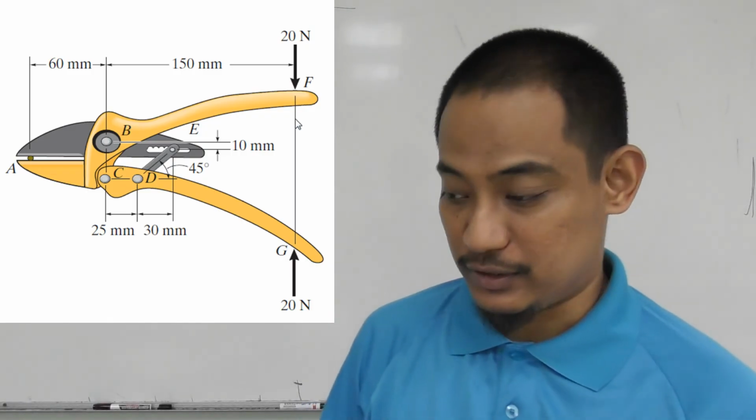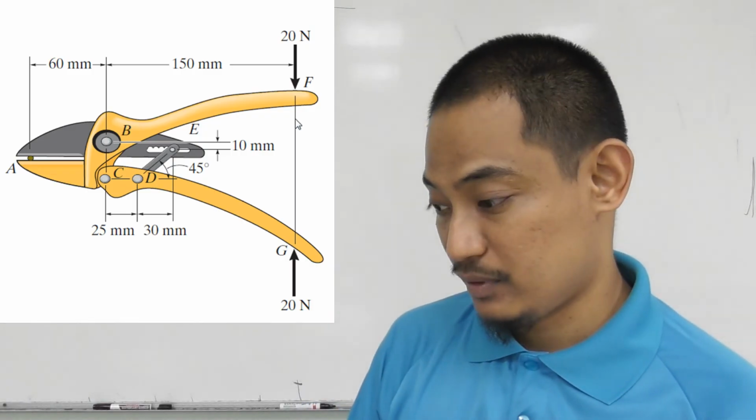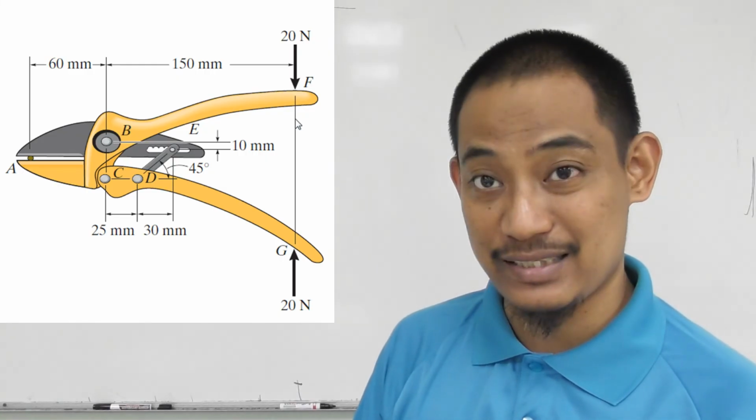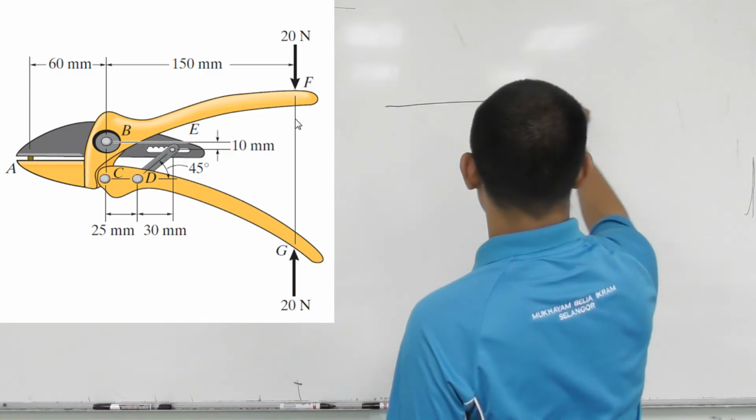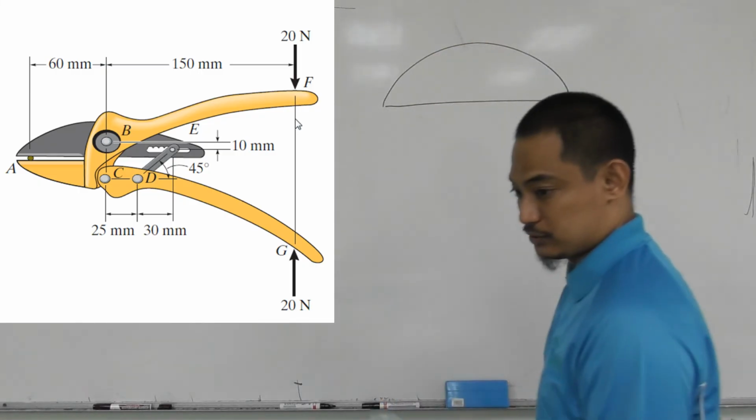Okay. So the first question: is there any two force member? There is, which is member DE. Right, member DE. So if you have this whole thing here, is this too big?